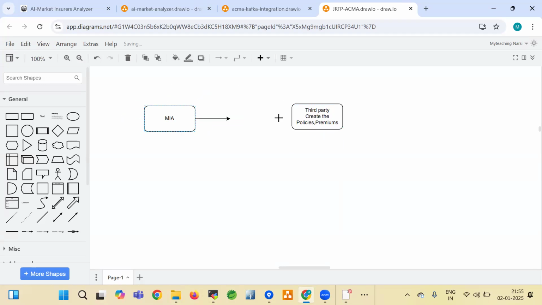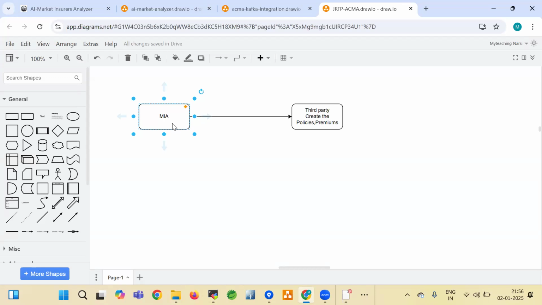That input is the valid property quotation, isn't it? Who is the property owner? What is the property? Whether the property is verified or not? And what property coverage is being looked for? That information is needed by this third party system. So who is giving that? That is what we are giving. I mean to say the MIA, Market Insurance Analyzer, is giving this.